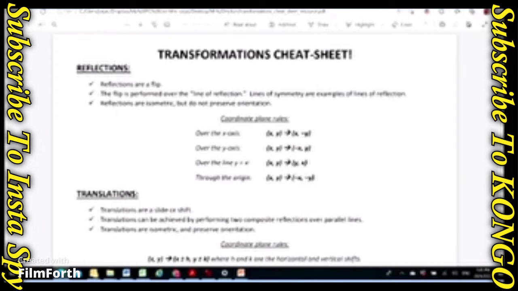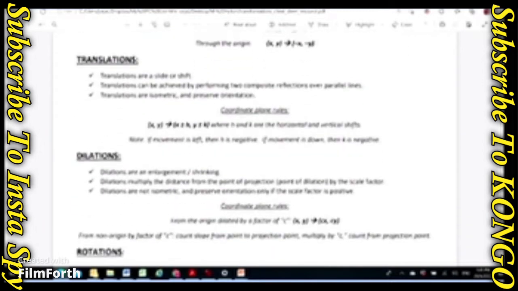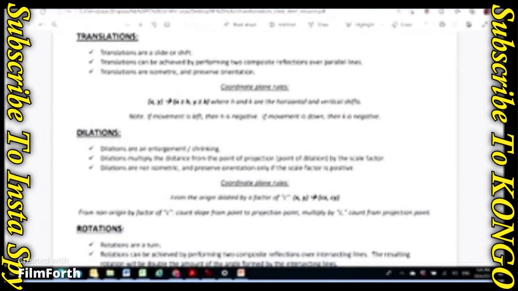Let's go down to translation. What's a translation? It's a slide or a shift. A translation can be achieved by performing two or more reflections in parallel lines. Translations are isometric and preserve orientation, so the shape remains the same, with no change in shape, either bigger or smaller.